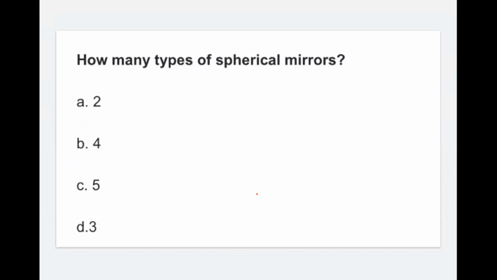Moving to the next question. How many types of spherical mirrors are there? Definitely, there are basically two types of spherical mirrors. The first one is called a concave mirror and the second one is called a convex mirror.